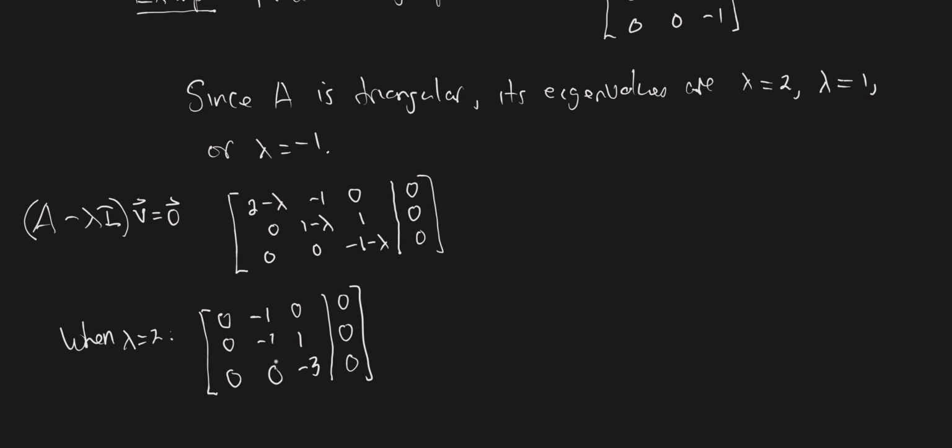Now, some of these systems will look a little bit different than before. Again, like I said, not having a pivot at all in the first column, what's up with that, right? Nonetheless, this is why we have those echelon forms, right? So I'm going to go ahead and put this in an echelon form and see what happens, right?